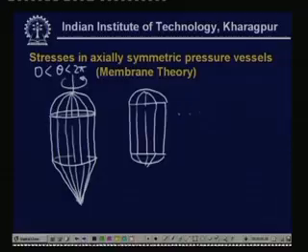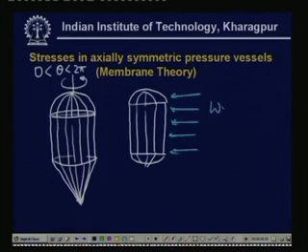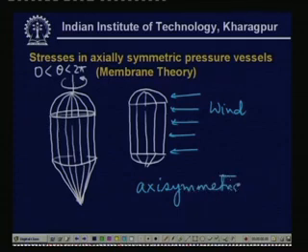So, suppose you consider a very tall cylinder, and we consider wind load here from one side, then this is not axisymmetric because the loading is from one side.